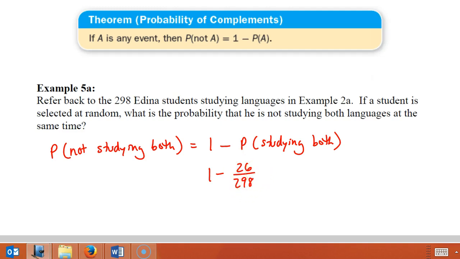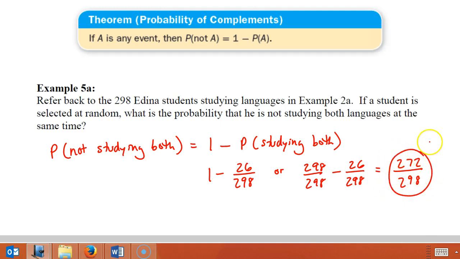Now, again, I'm going to keep this as fractions, so 1 is the same as 298 divided by 298, minus 26 over 298. So all I did is change that 1 so we'd have a common denominator. And if I simplify this, 298 minus 26 is 272. So the probability that a student is not studying both languages would be 272 out of 298 students.